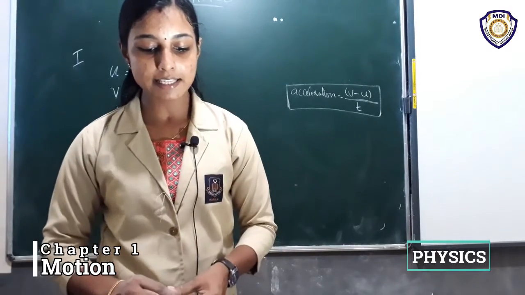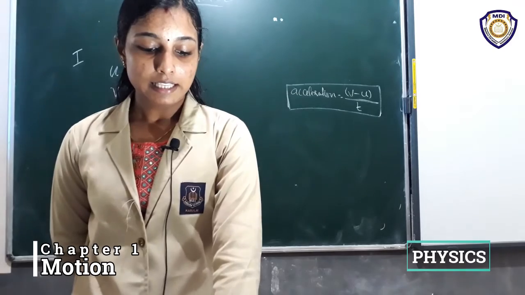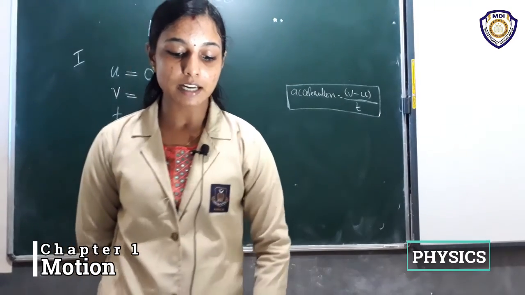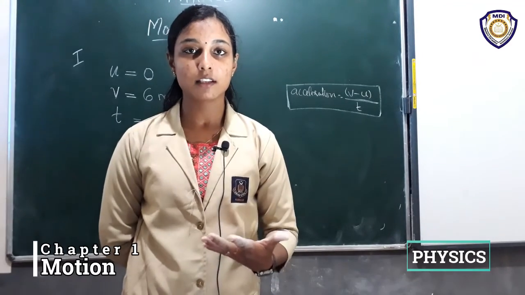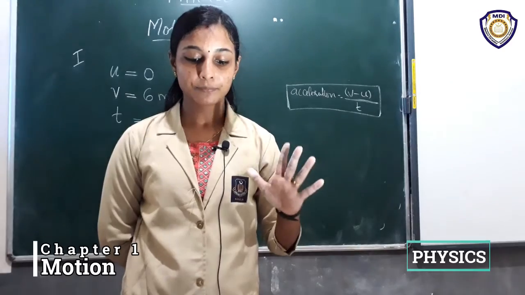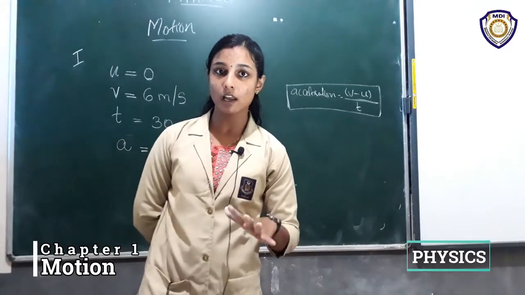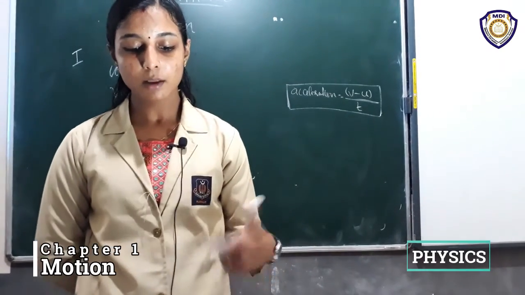What is the second case? The second case is that he applies brake such that the velocity of the bicycle comes down to 4 meter per second in the next 5 seconds. So he applies brake to the bicycle. What will happen to that bicycle?